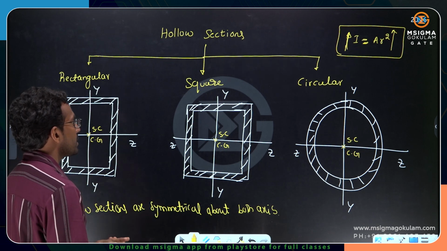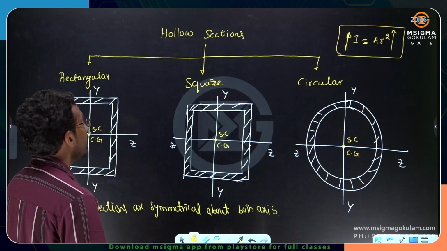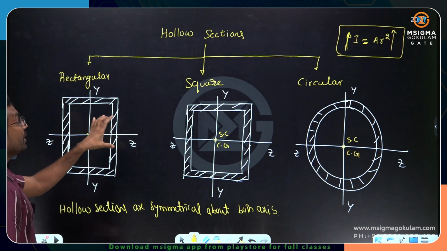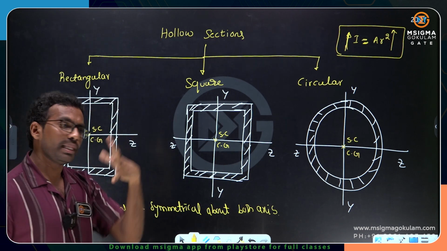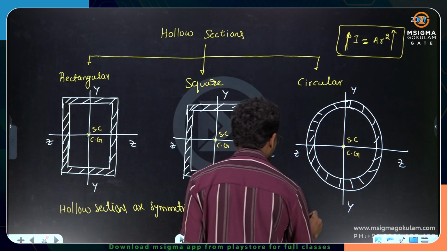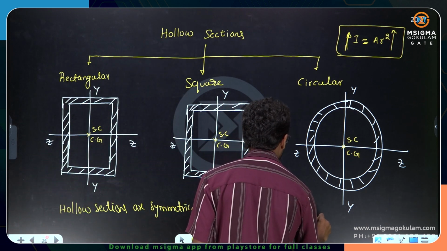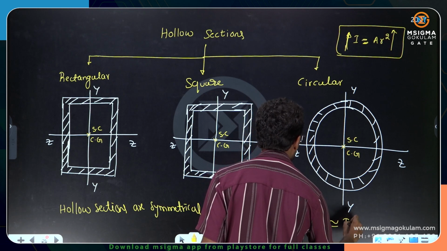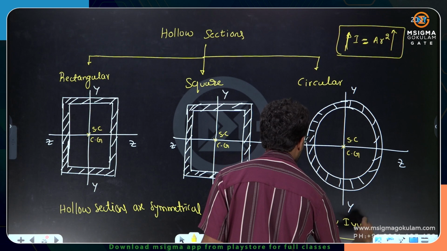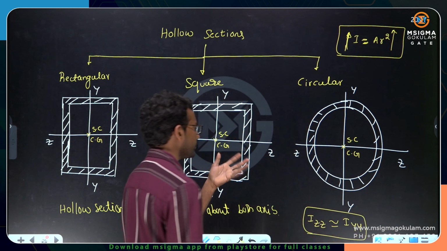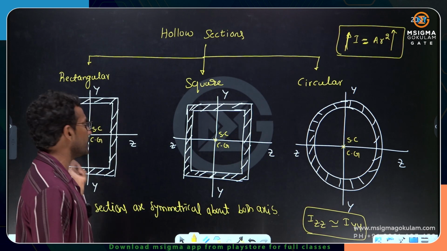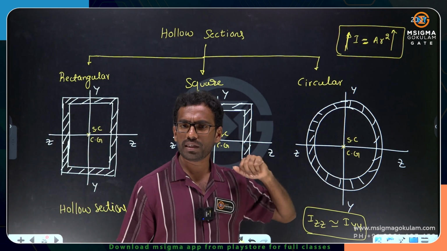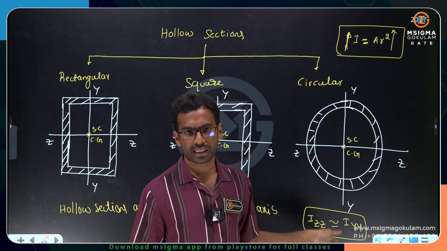Now my dear friends, in hollow sections, because material is spread far away from both the axes, there is more moment of inertia about both the axes. So hollow sections have almost equal moment of inertia about both the axes, IZZ and IYY, because they are symmetrical. A little bit of variation is there in the rectangle, but square and circular have the same moment of inertia about the ZZ axis as well as the YY axis.